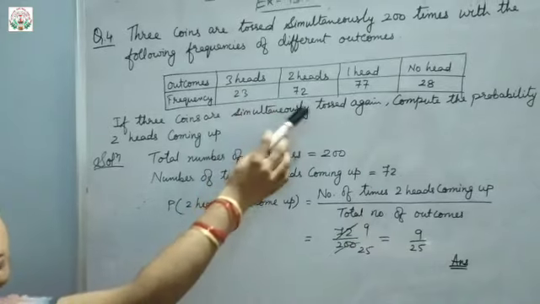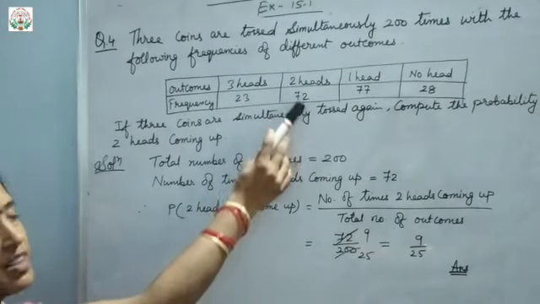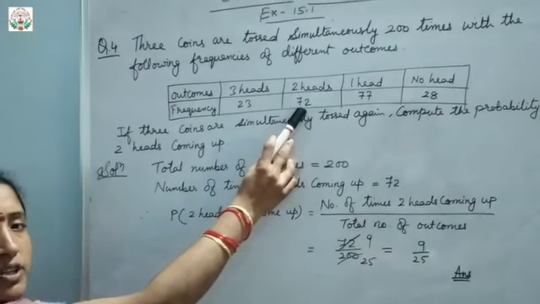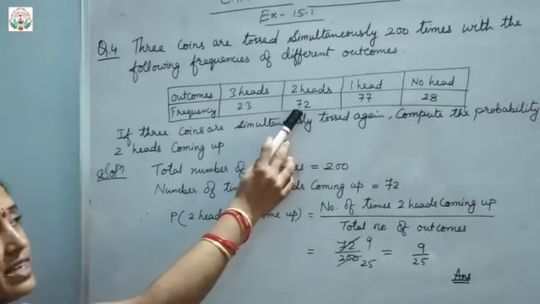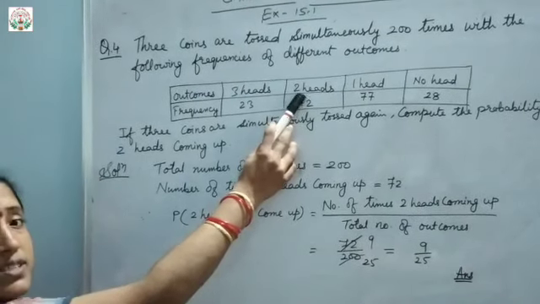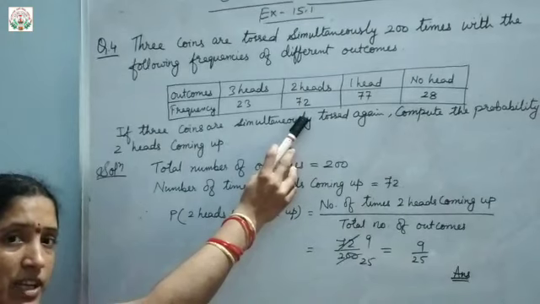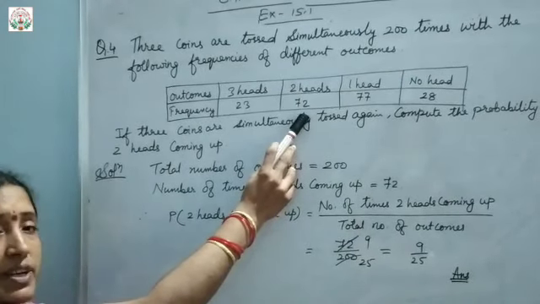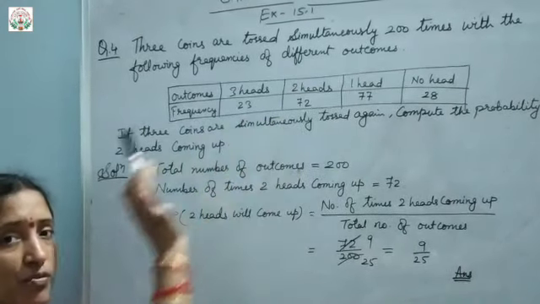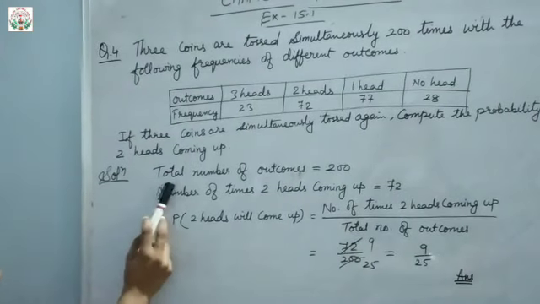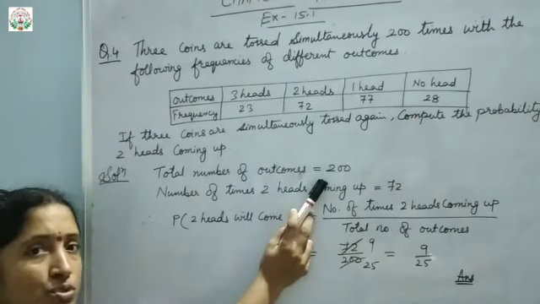In the table you can see 2 heads came 72 times. Now we will find the probability of these 2 heads. The solution: total number of outcomes equals 200.